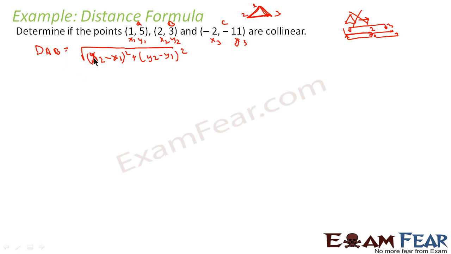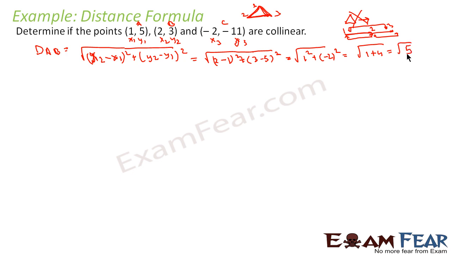Here x2 is 2, x1 is 1, so (2 minus 1) square, plus y2 is 3, y1 is 5, so (3 minus 5) square. That is root over 1 square plus (minus 2) square, that is root over 1 plus 4, that is root of 5. That is my distance between points A and B.